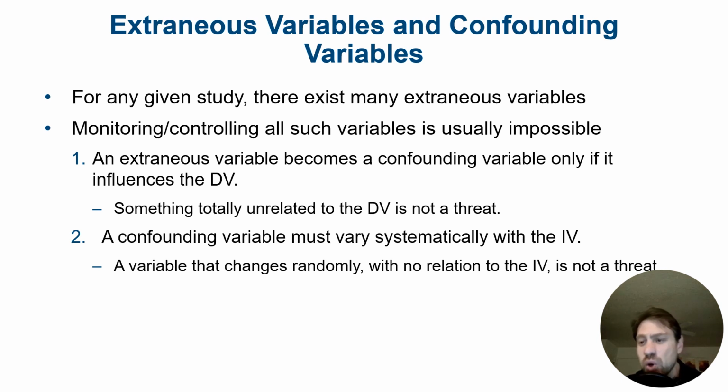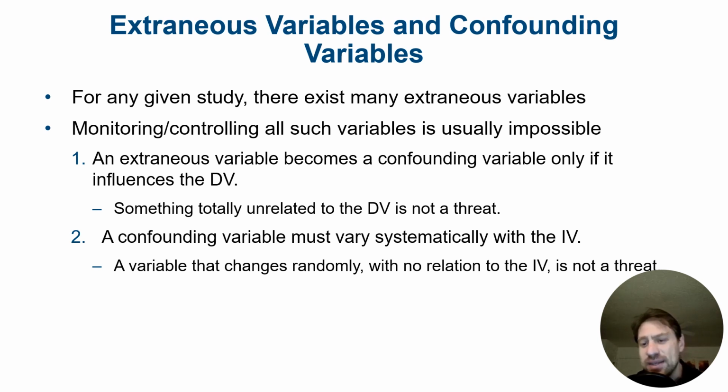So you don't need to worry about controlling every single extraneous variable, but merely those that have the potential to become confounding variables. And that's a good thing because the number of extraneous variables in a study is typically going to be very, very large. So let's talk about the specific characteristics of confounding variables, or what has to happen in order for an innocent extraneous variable to become a big bad confounding variable.